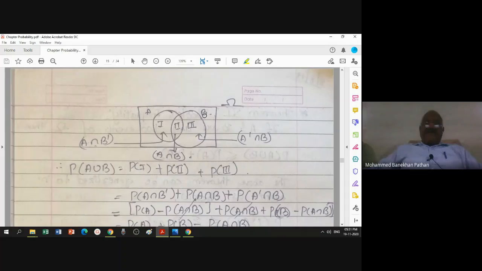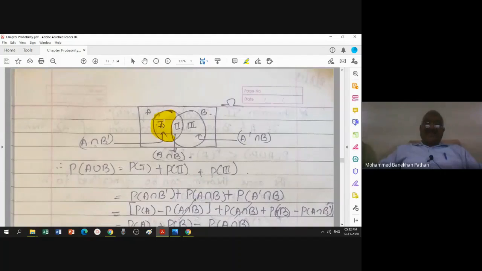I divide this A and B into 3 disjoint parts. 1, the middle is 2, and the third is part of B. If I want to indicate this by set theory notations, 1 stands for the element of A. This much is nothing but 1.